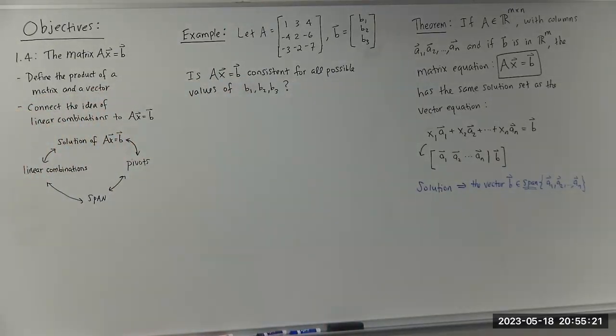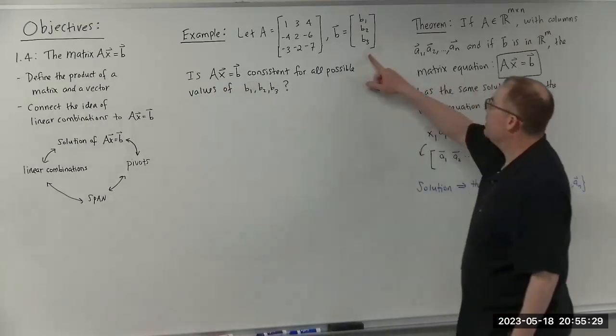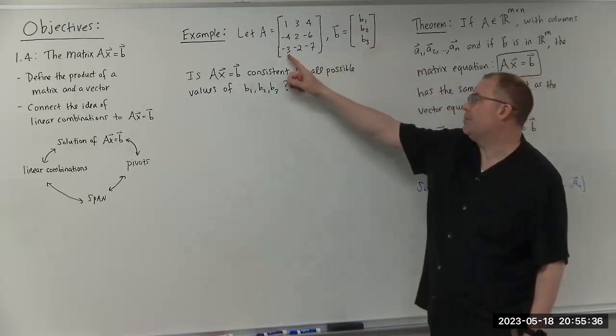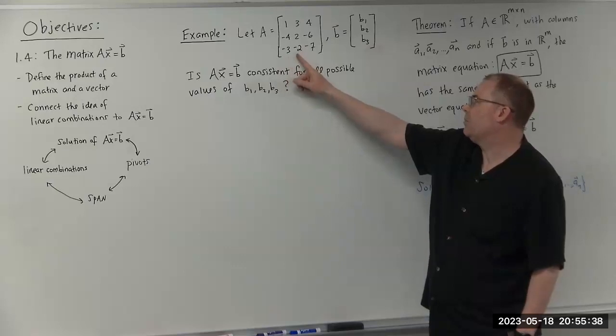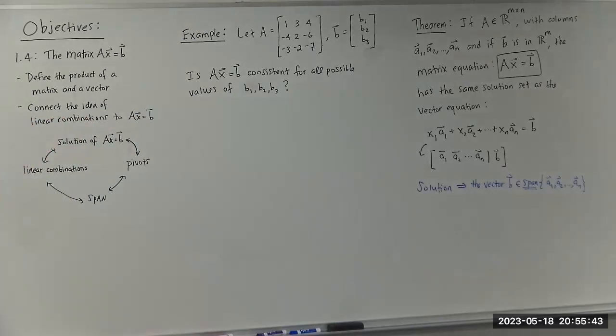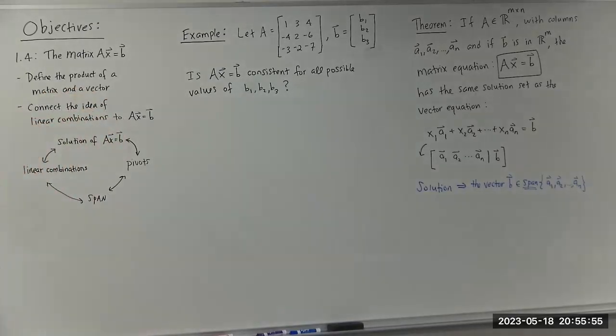This is basically similar to the span issue. So in other words, for what values is this in the span of the vector in column 1, the vector in column 2, and the vector in column 3? Let's write this out.